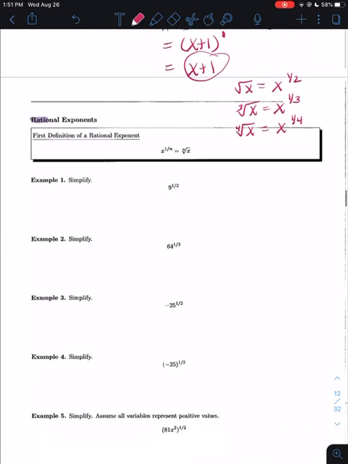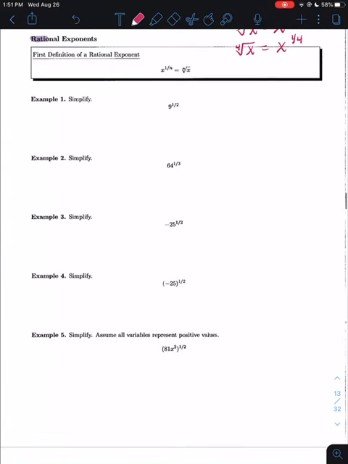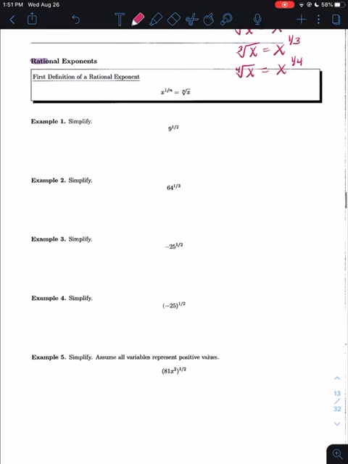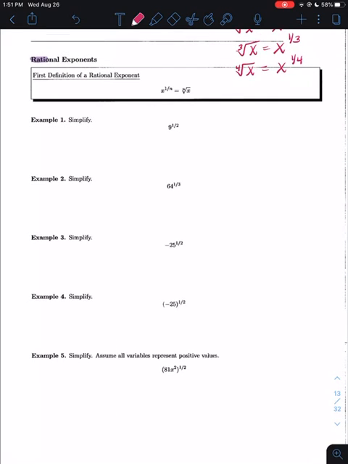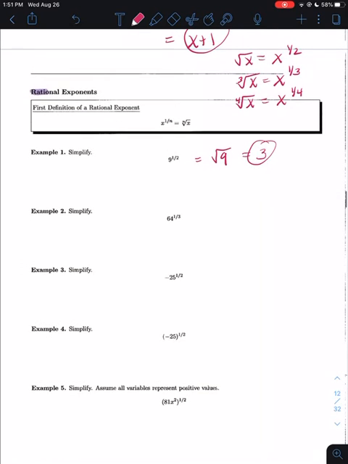So let's look at some problems dealing with the rational exponent. I see 9 to the 1/2 power, which is the same thing as the square root of 9. And what is the square root of 9? Well, the square root of 9 is just 3. And there's your answer. Whenever you see a 1/3, this is a cube root.